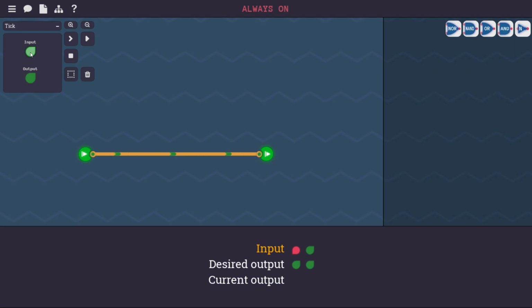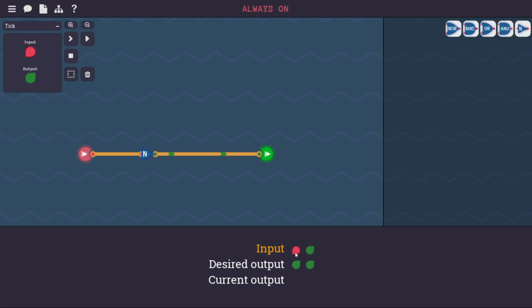This is the only way to control the input. So if we test, if our input is off, we are expected to get an on. But we get an off. So probably we need to use an inverter.